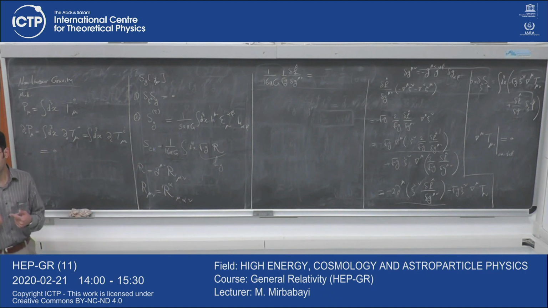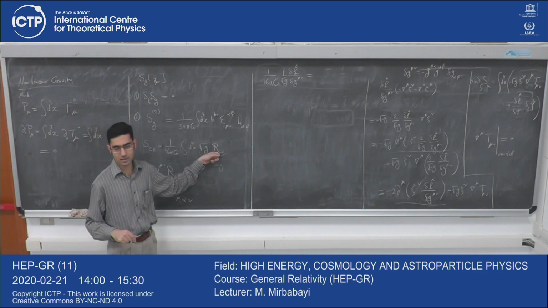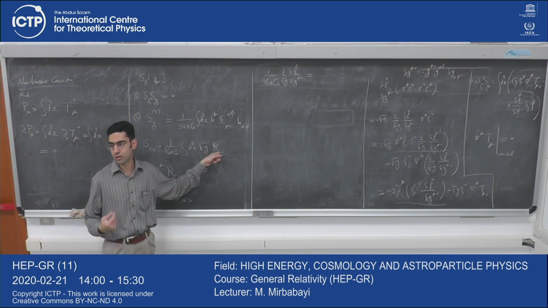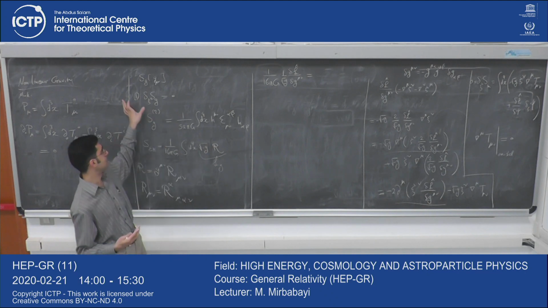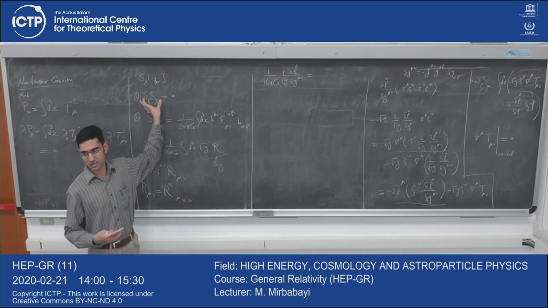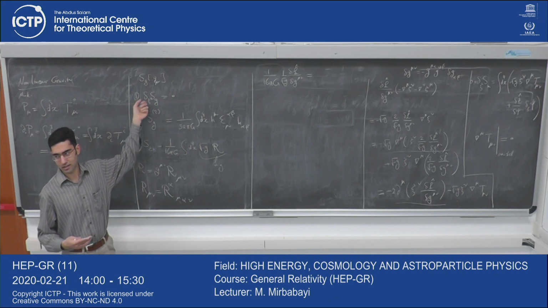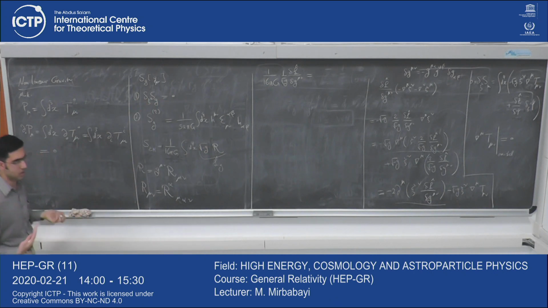But it has to do with the curvature of the spacetime. We will talk about them later in more detail. Just keep in mind that this R is a scalar quantity that only depends on the metric. And it is a scalar in the sense of general covariance. Under coordinate transformations, it transforms like an ordinary scalar.